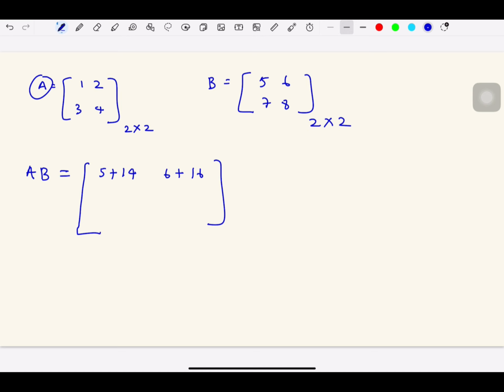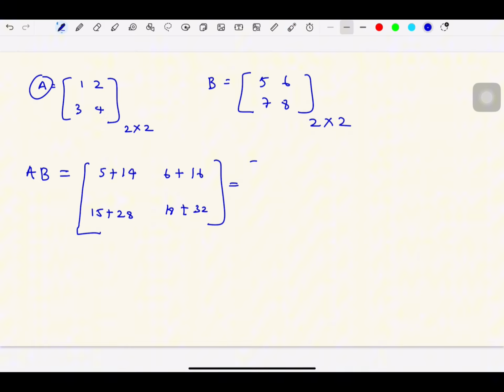So to get the third entry, it's 15 plus 28. And then to get the bottom right entry, you multiply the second row of matrix A with the second column of matrix B. So it's 3 by 6, 18, plus 4 by 8, which is 32.